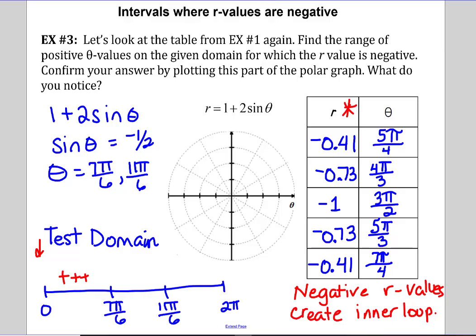And that told me also that at pi over 2, our graph has a point at 3. If we test a number between 7 pi over 6 and 11 pi over 6, so let's say 3 pi over 2. That's going to be 1 plus 2 times negative 1. So 1 minus 2 is negative 1, and we have a negative value in there.